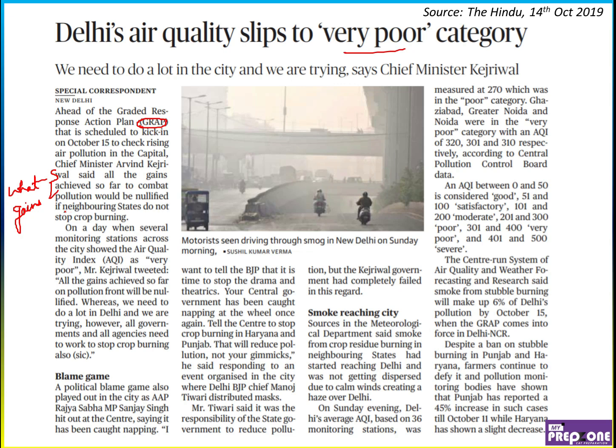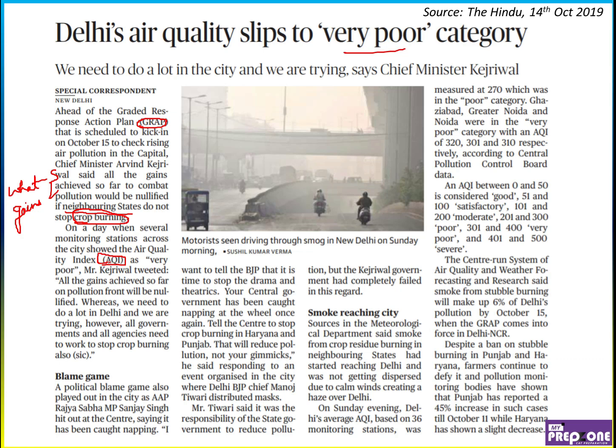But he says that if the neighboring states do not stop crop burning, all these things will be nullified. Your next question should be what are these neighboring states? And this is my reason that crop burning is one of the major reasons of poor air quality of Delhi.